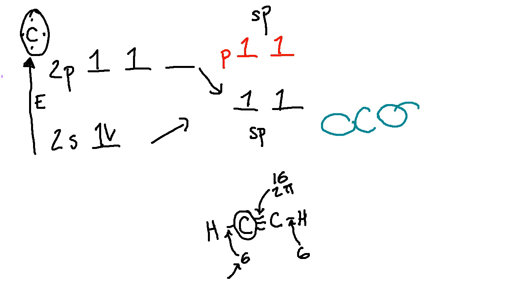And then here's the overlap from the other carbon. Carbon. So there are the hybrids. This overlap is going to be the sigma bond. And then this one right here is going to be the other sigma bond for the hydrogens.